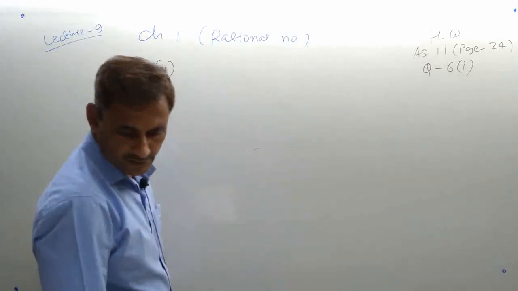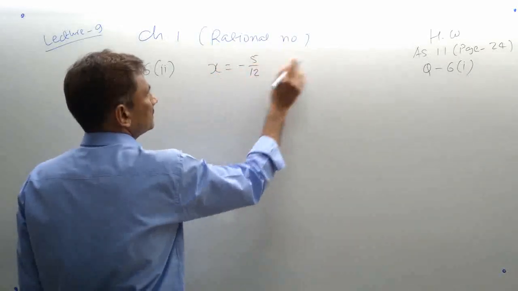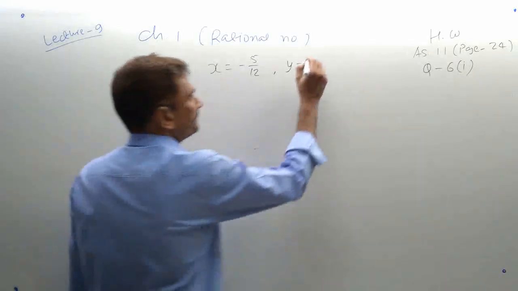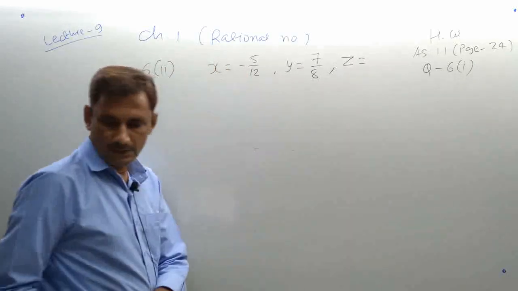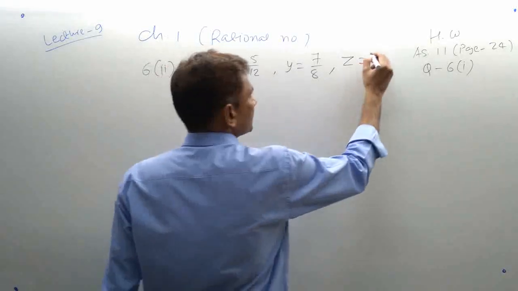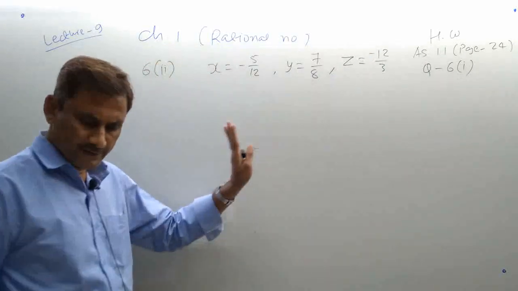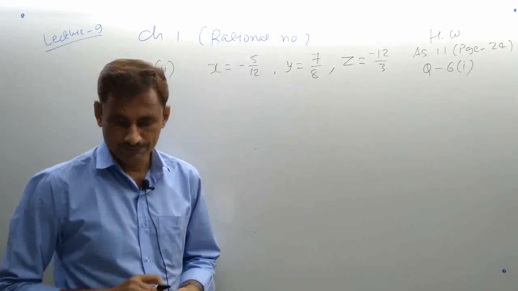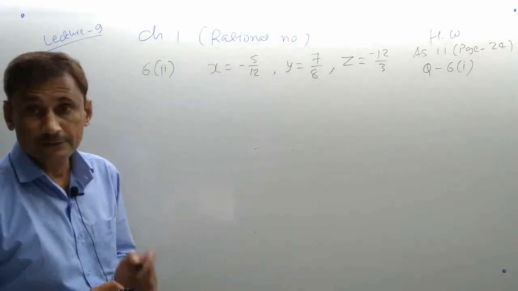So what is given there? x is minus 5 by 12, y is 7 by 8, z is minus 12 by 3. Don't cancel it, 3 fours are 12, just keep it as it is, because they have given it in rational form.